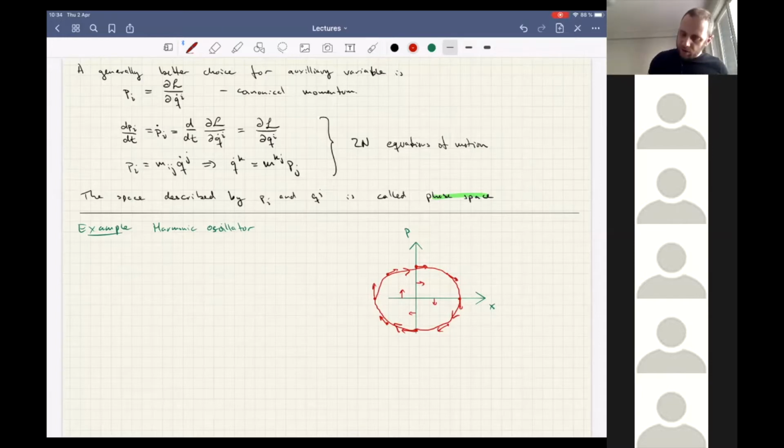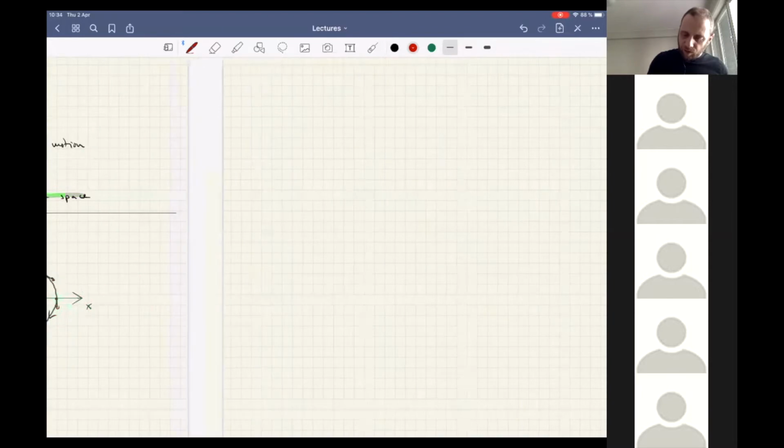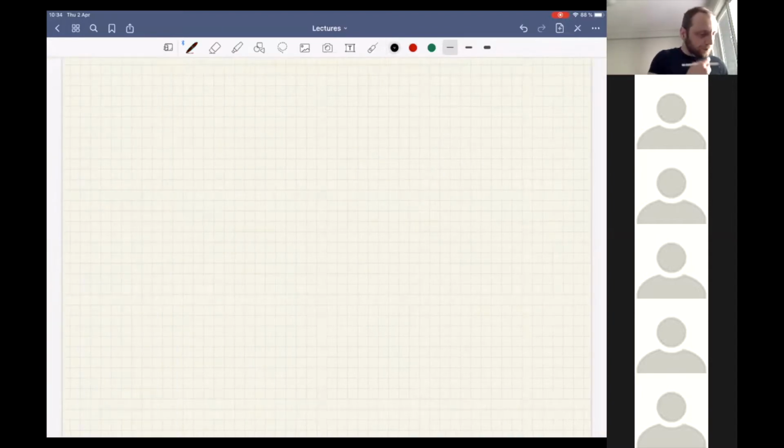Okay, so let's go on then. This is how we could rewrite this system of second order equations as first order equations, twice the number of equations, but first order instead.